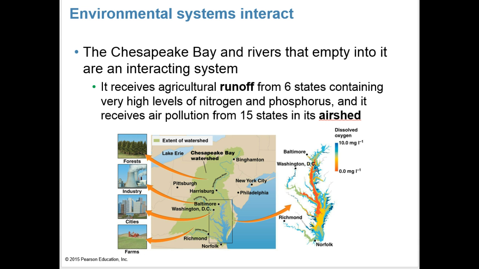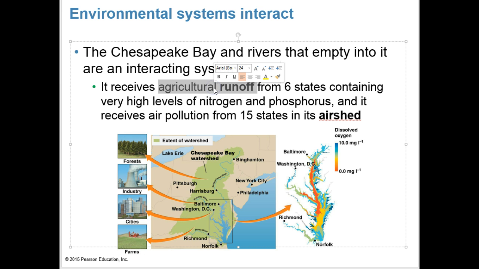The Chesapeake Bay receives agricultural runoff from 6 states that neighbor it, and this contains very high levels of nitrogen and phosphorus. It also receives air pollution from 15 states in what's called its airshed. The runoff area is called its watershed. Again, the air and the pollution it receives from the air is called the airshed.